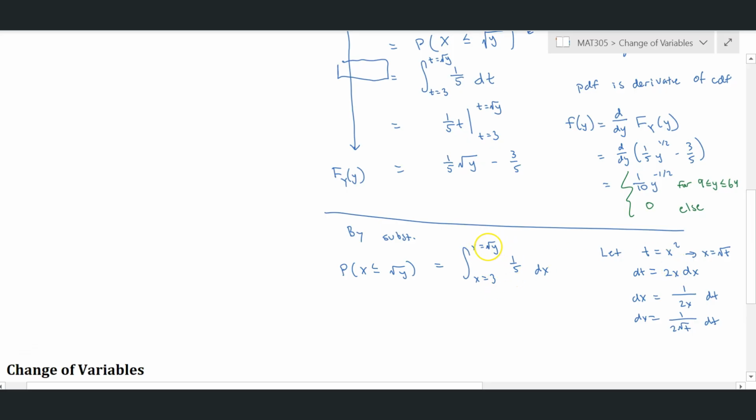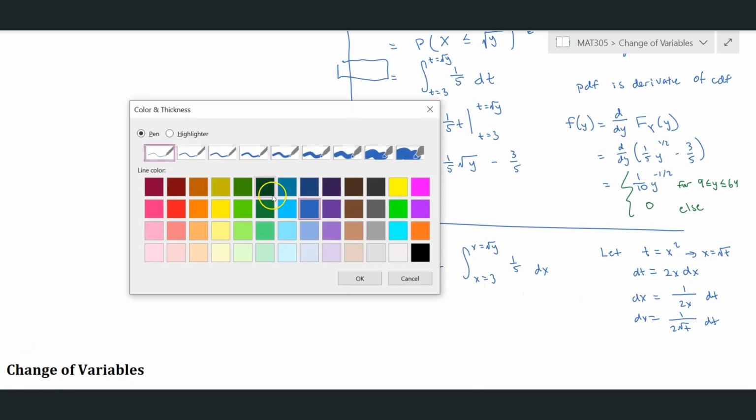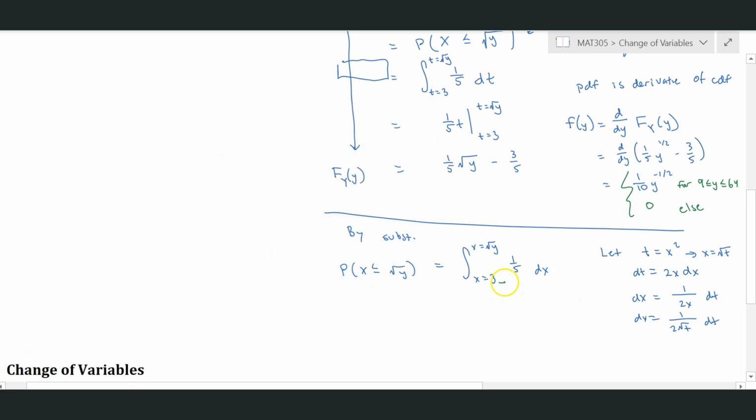X goes from 3 to the square root of y. And since t is equal to the square of x, that means t will go from 9 to t equals the square of x, which would in this case just be y. So our new integral will be the integral from t equals 9 to t equals y of not 1/5 dx anymore, but this will be 1/5 times 1 over 2 square root of t.